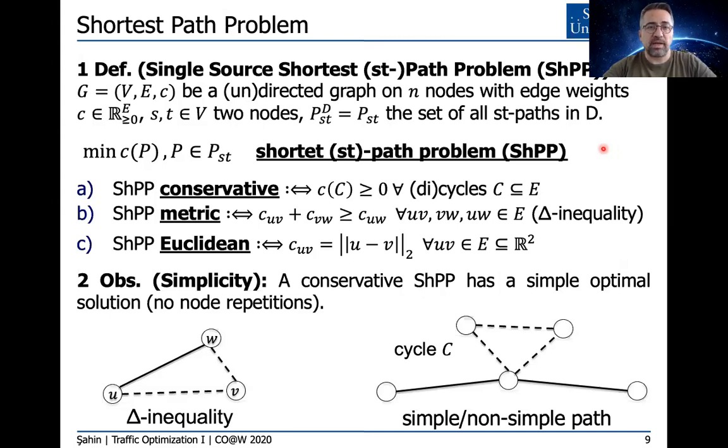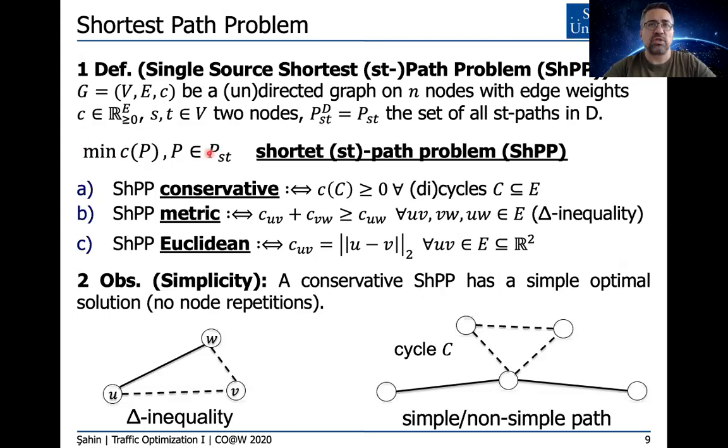The length of the path is the sum of the weights of the edges on the path. For a given source S and destination T, the shortest path problem selects the minimum length path among all paths from S to T, as shown here.